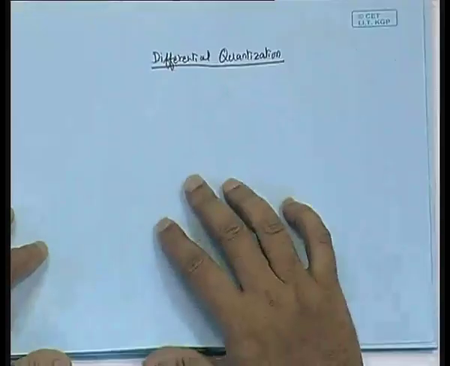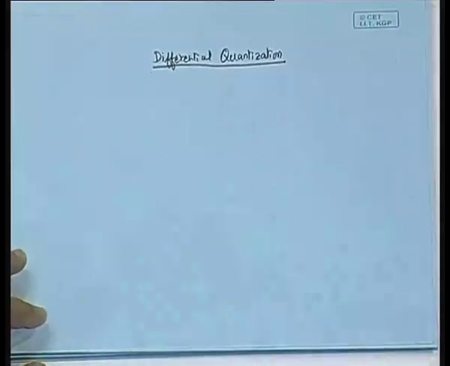So that is why the inter-sample redundancy can be made use of, and this is why we say that the speech signal is very well suited to what is called differential quantization.